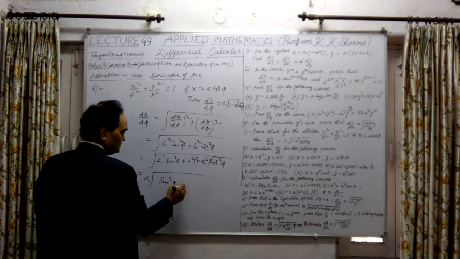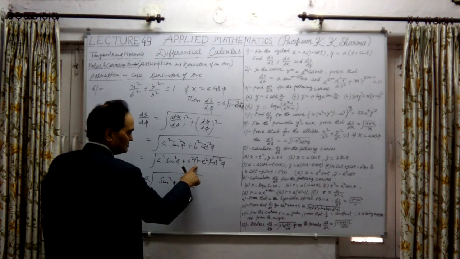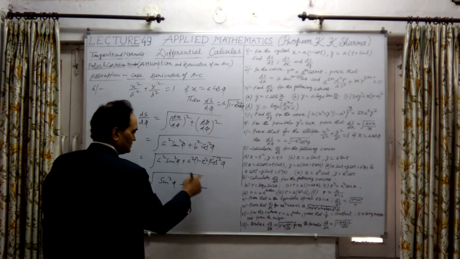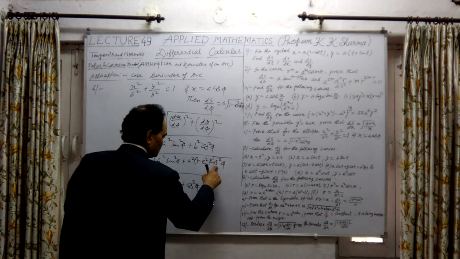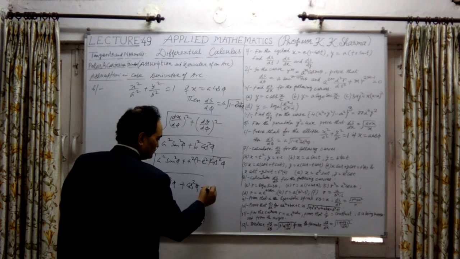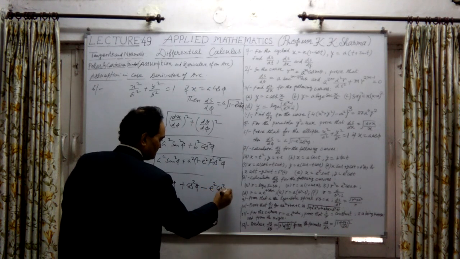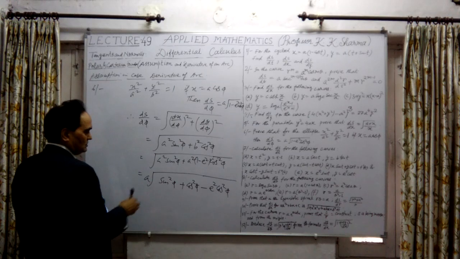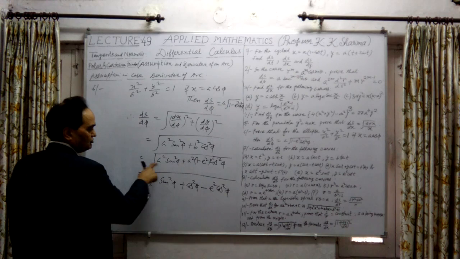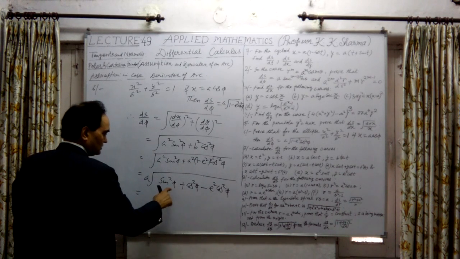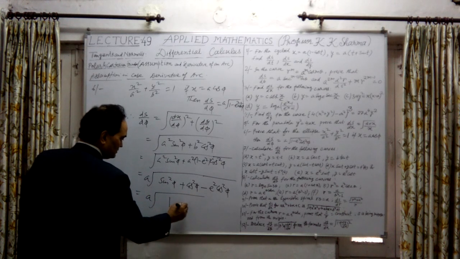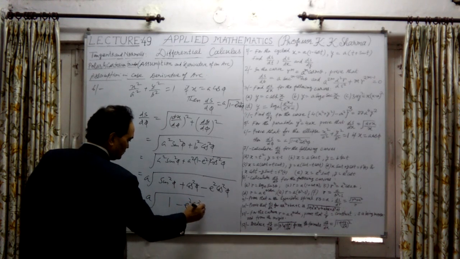Some sin square phi is left over, and here it is 1 minus e square into cos square phi, which gives sin square phi plus cos square phi minus e square cos square phi. Since sin square phi plus cos square phi is 1, under the square root we get 1 minus e square into cos square phi.